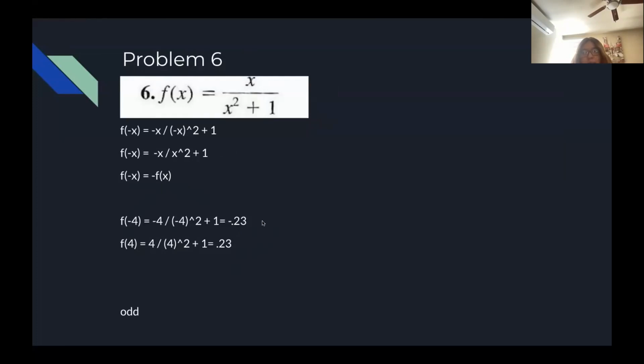Since we have the same number with different signs, it's an odd function. Perfect. So it's the same procedure. You guys chose a 4, substituted 4 and minus 4, and we get the same number, but one is positive and one is negative. That would mean that the function is odd. Okay, perfect. Good job.